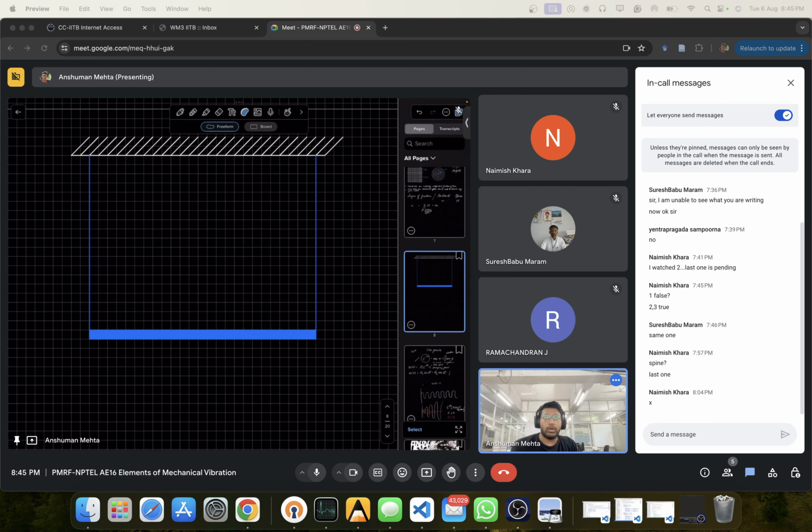This is a rigid beam which is swaying, and on this beam there is a bowl. What is the shape of this bowl? It is also important.